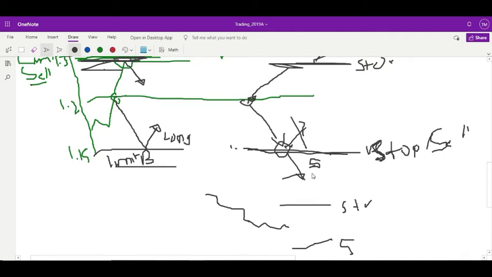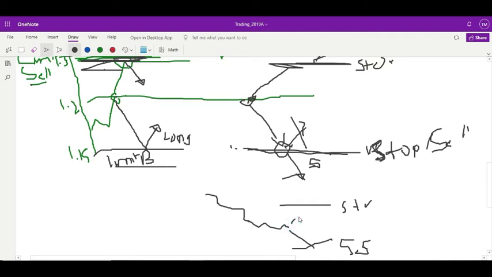Please pay attention here. So usually I put a stop sell here, to say if it hits this, there's a chance that it will go down very fast. So if it hits this, I'm taking advantage, I'm going short, I'm shorting.